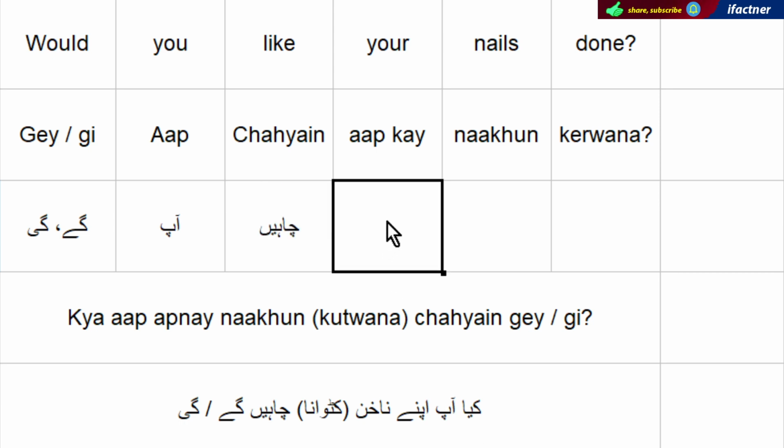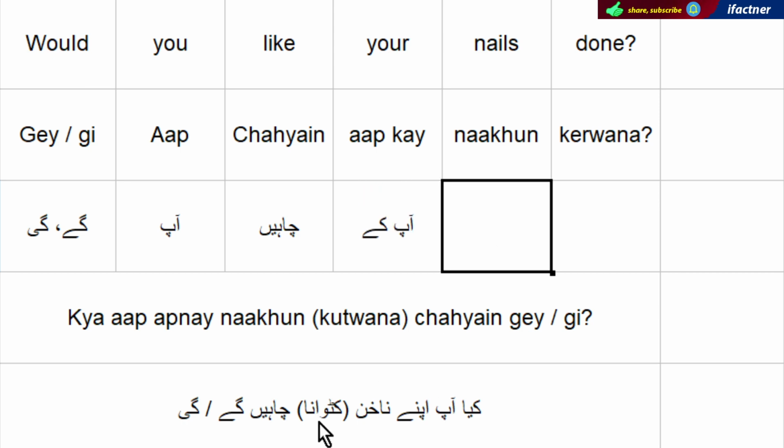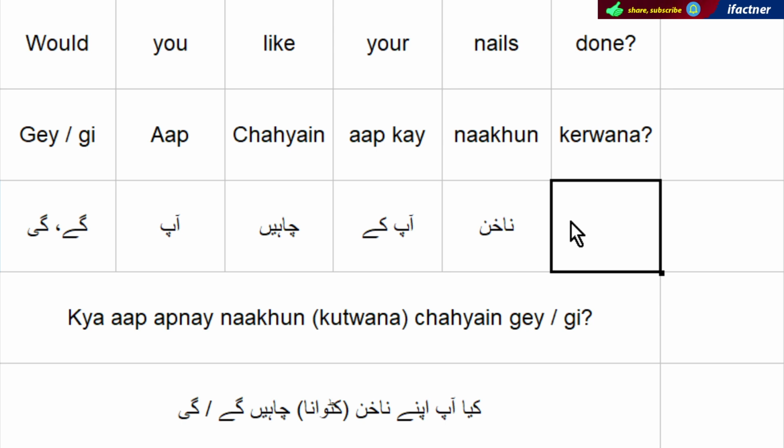Your is aapke, which is typed as alif madda pesakin aap and k as kaf badiye ke. Nails are nakhun. We type nakhun as noon, alif, khe, noon, nakhun. And done is karwana, katwana. So let's write karwana. We write karwana as kaf, re, waw, alif, noon, alif.